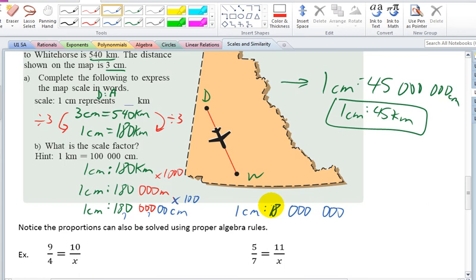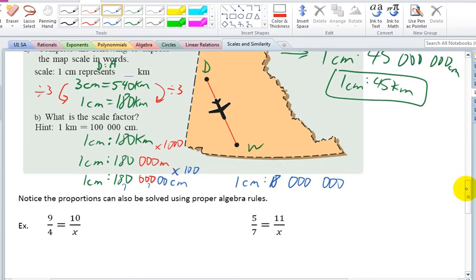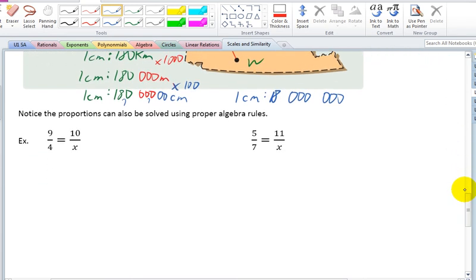Any questions? Okay. So, you're going to get some proportions that are not easy to solve. We're going to practice this a little bit. So we're going to use proper algebra rules. What we're going to do is cross multiply. Instead of dividing by x, we bring it up and multiply by x.